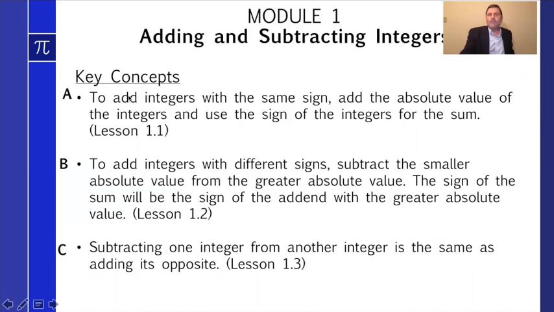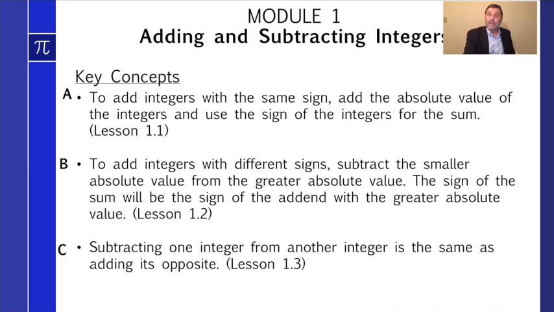First of all, as a reminder, if you've got two integers, whether they're both positive or they're both negative, but they have the same sign, our goal was to add the absolute value of the integers and use the sign of the integers for the sum. So if you've got two positives, you take the absolute value of both of them and add them together and use that sign, that positive sign.